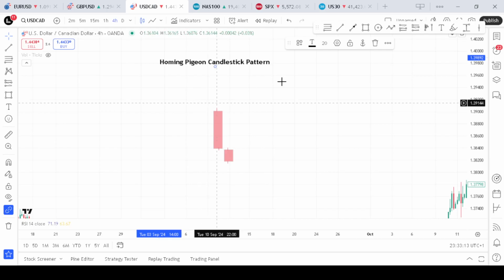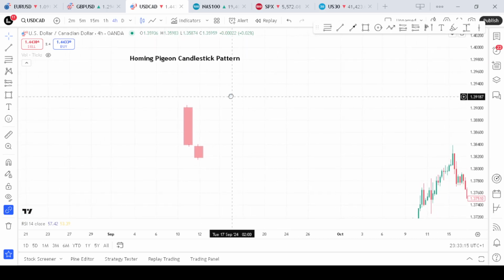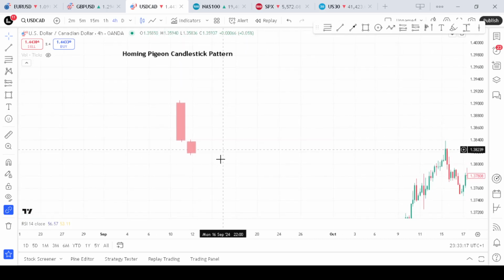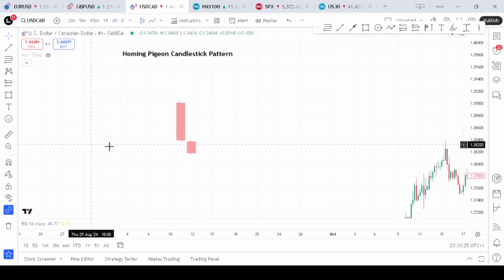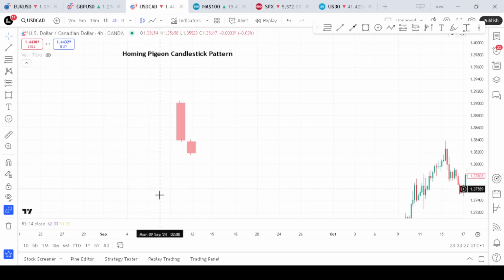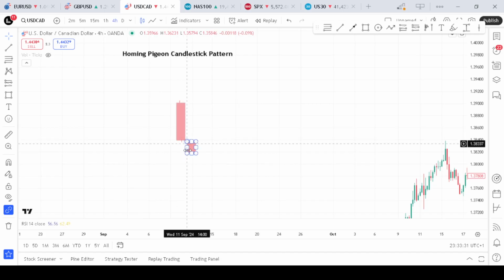Now what is this pattern all about? What is the homing pigeon candlestick pattern all about? It is actually formed during a downtrend and consists of two consecutive bearish candles. The first candle is large in size, while the second candle is smaller and completely within the body of the first candle.